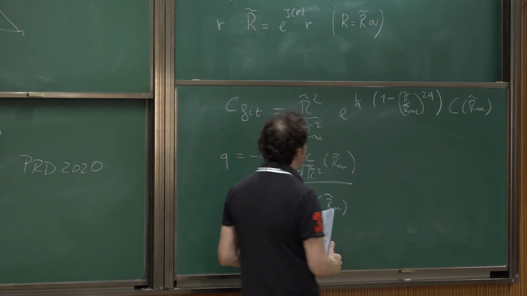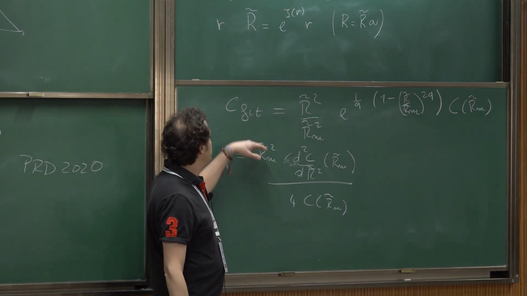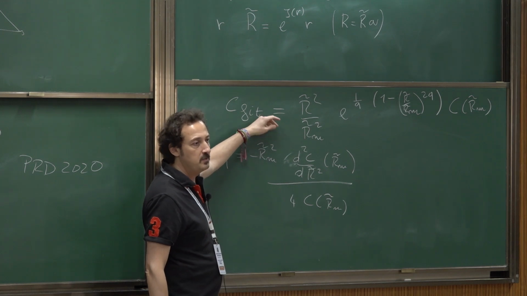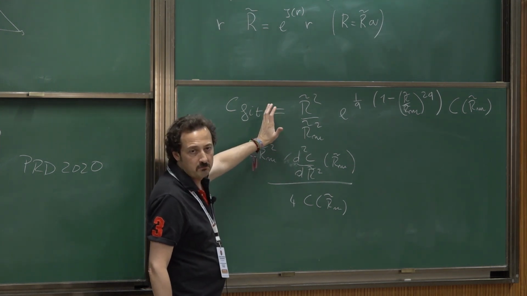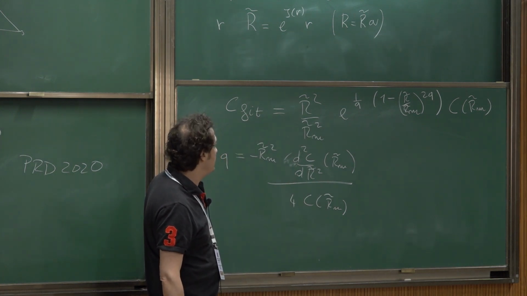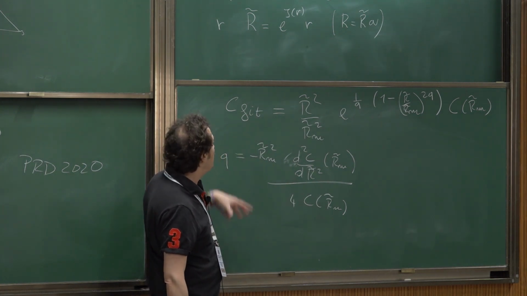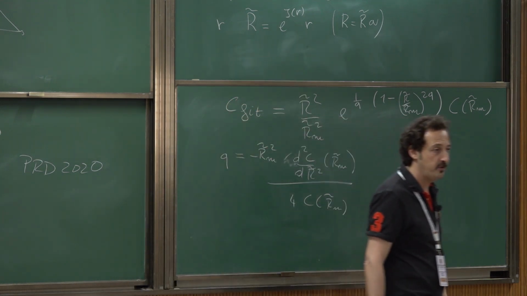Now this 4 is simply for historical reasons, because these kinds of profiles were used in the simulation of Musco, and we are simply using the same thing. So the idea is that we use those profiles as a fit for whatever compaction function.